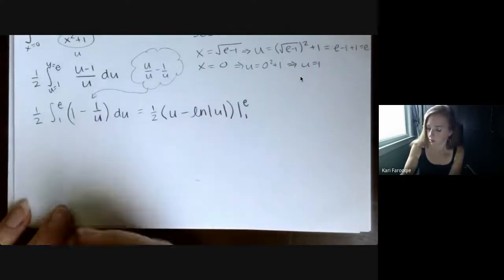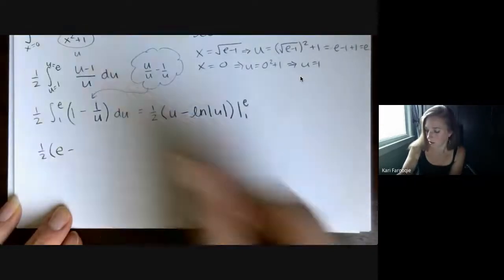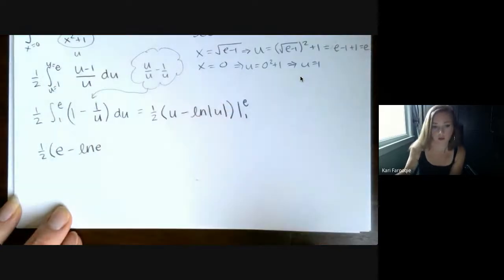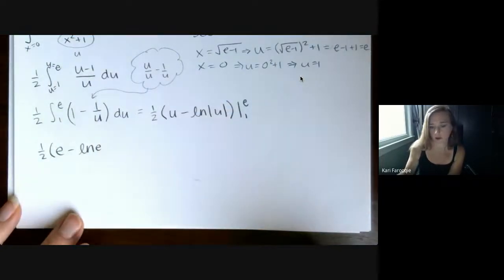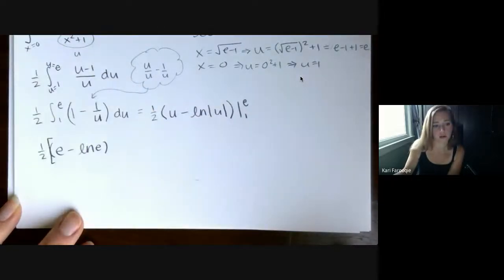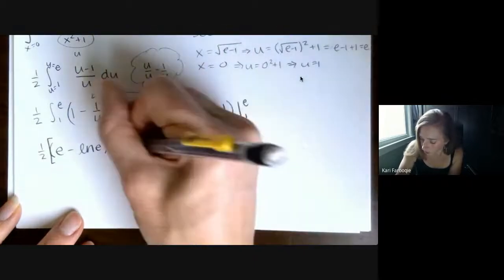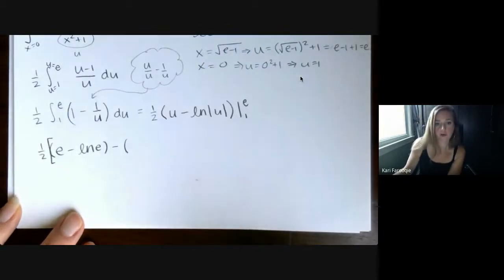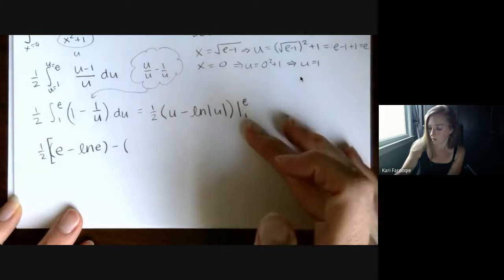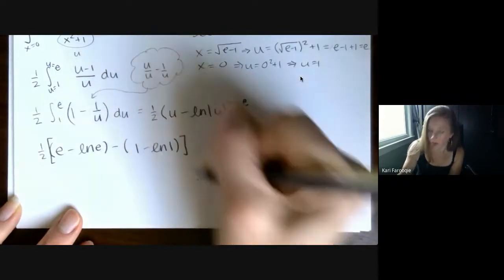Okay, so we're going to rewrite this as 1/2 times, and then e minus the natural log of e. E is positive, so you can drop the absolute value bars. The 1/2 gets applied to the entire quantity. And then you're going to subtract off, because this is the FTC, you're always subtracting the upper limit minus the lower, 1 minus the natural log of 1.